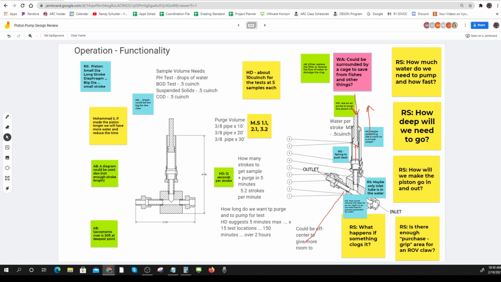So in that case, your ball check has a certain amount of pressure it takes to open it up that's made by this suction, and you would have a low pressure back charge on it. The other way you could do it, of course, is something like this, where you've got a ball, a pipe, and you only have perforations on one side of the pipe, and the water's flowing this way.